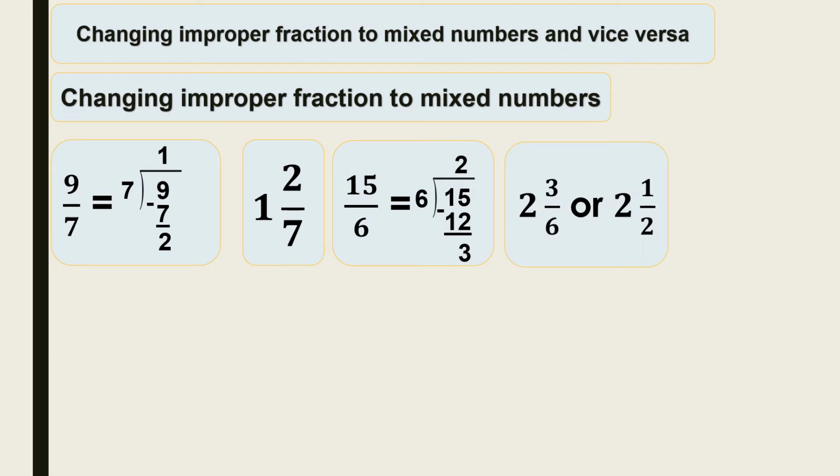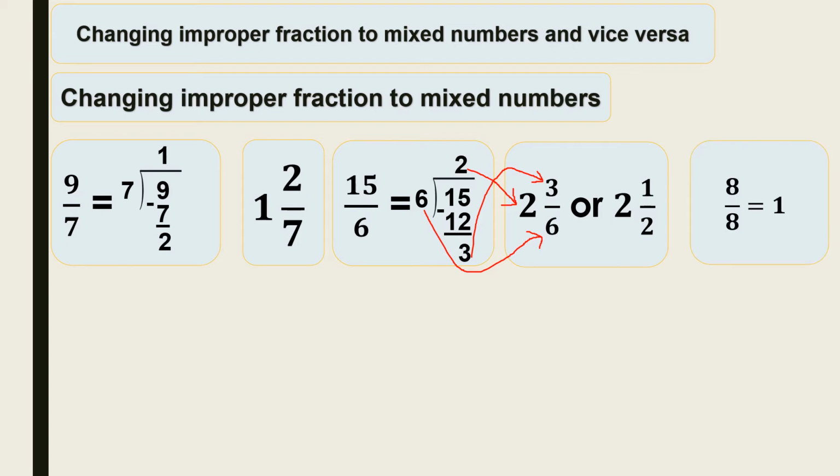So first, you write 2 as the whole number, or the quotient, and then you write 3, the remainder, as the numerator, and then you just copy its old denominator. But as you can see, 3 over 6 can be simplified. Later, I will explain what simplifying a fraction is.